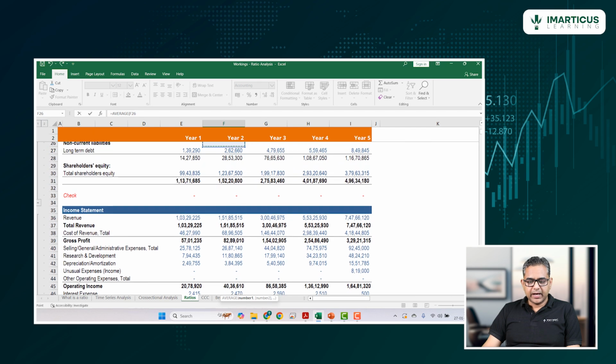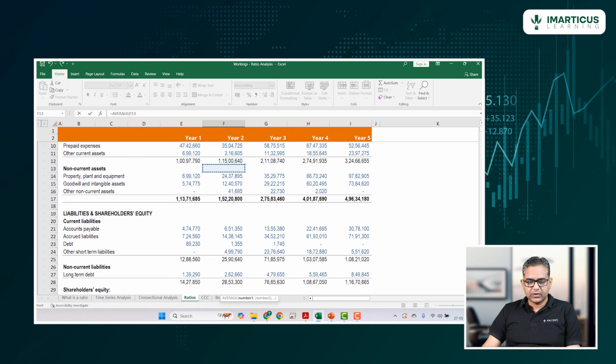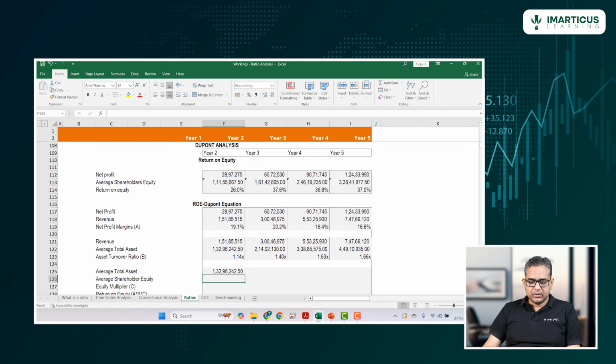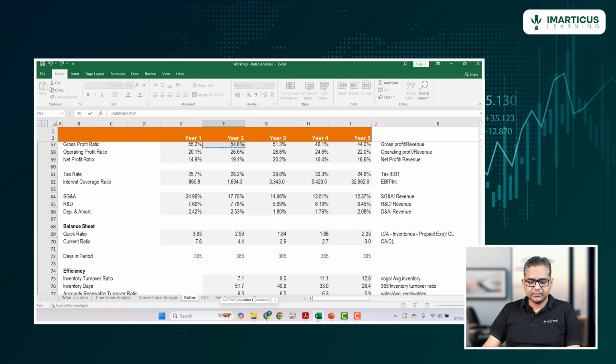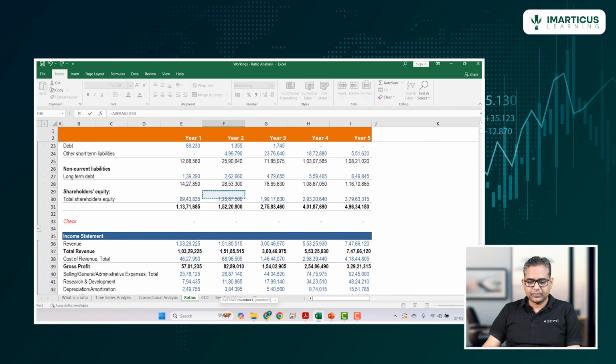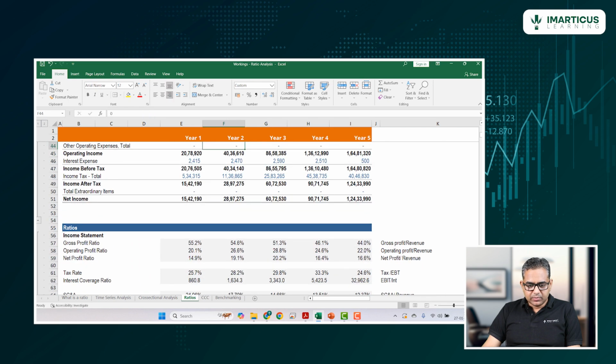So first we'll take average of total assets, then we'll take average of total shareholders' equity. Just checking on the average total assets part.